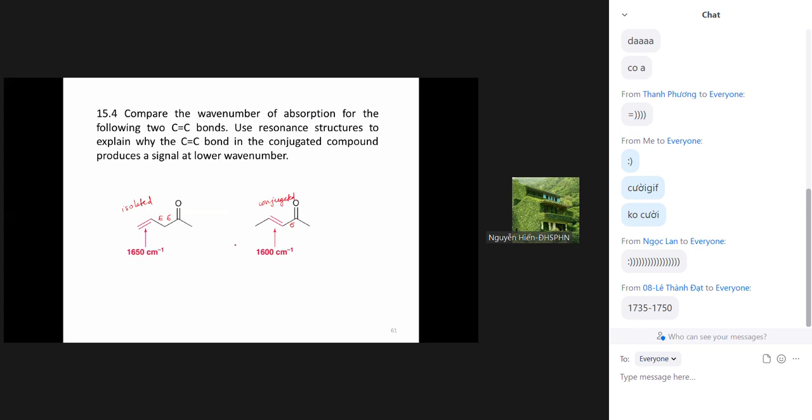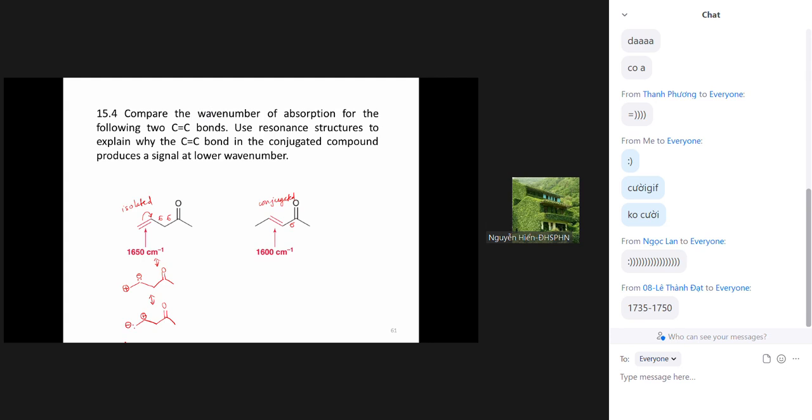Now you have to draw the resonance structures. With this CC double bond, actually you can draw in both ways, like this, or you can draw in the other way around. You can place the positive charge right here and the negative right there.